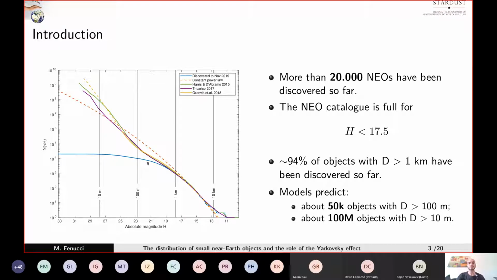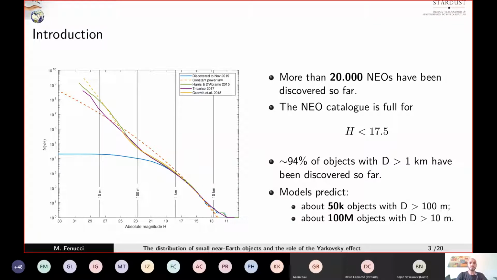From the picture, we can appreciate that at 100 meters the catalog is far from being complete, and at 10 meters it's really far from being complete. So to discover these small objects between 10 meters and 100 meters, we have to rely on models that tell us where we can find them in space.